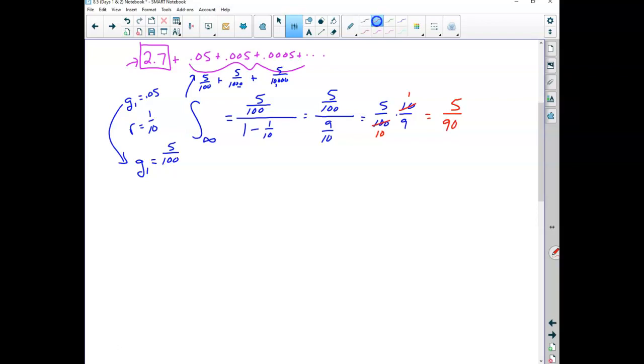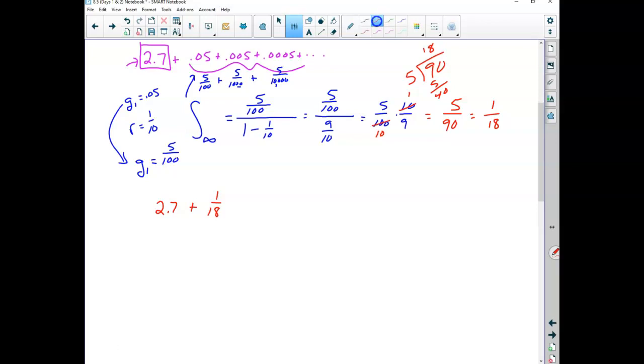Does 5 over 90 reduce? It does reduce to 1/18th, I think. 90 divided by 5 goes in there once, gives me a 5, gives me 40, gives me 8. Yup, it's 1/18th.